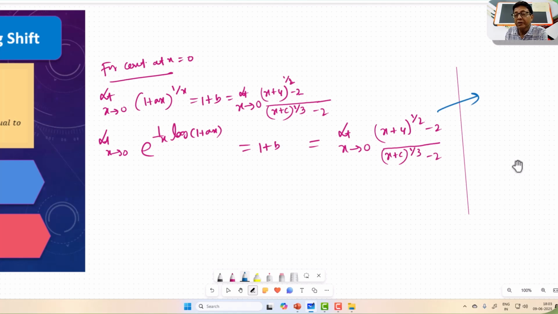That evaluation of this limit is possible if the form is zero by zero.